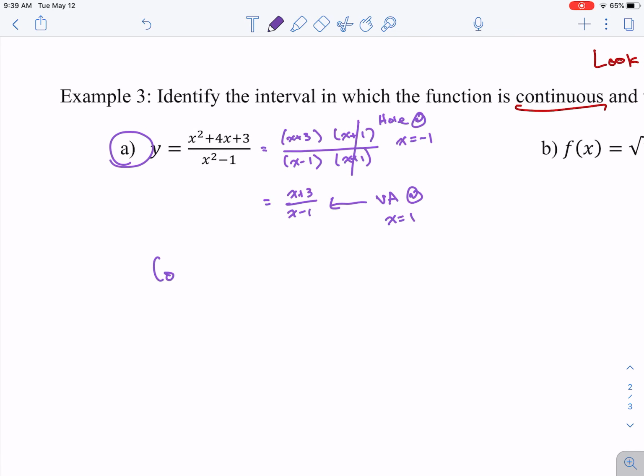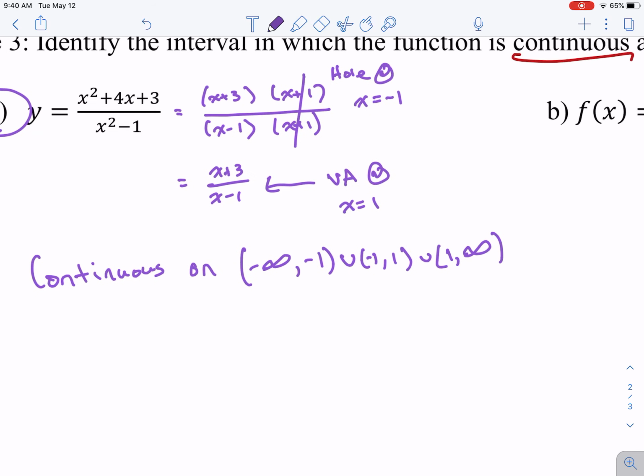So it's going to be continuous on, well, from negative infinity to negative 1, from negative 1 to 1, and from 1 to infinity. These are the intervals in which we are continuous.